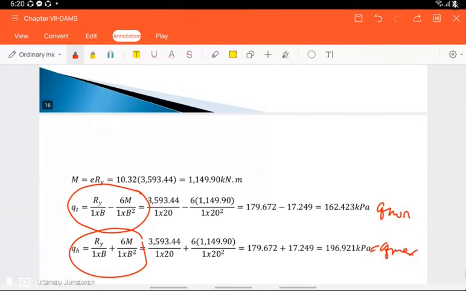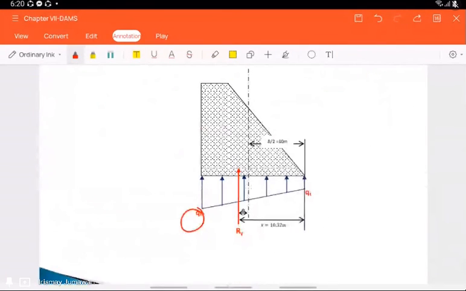So in this problem, for the soil pressure and the hydrostatic force, you have trapezoidal distribution for the hydrostatic force and also trapezoidal distribution for the soil pressure.